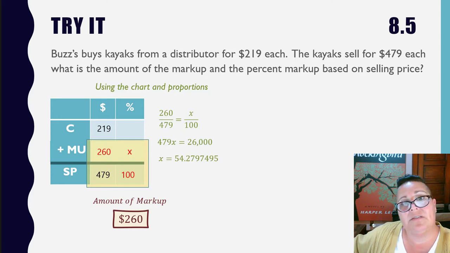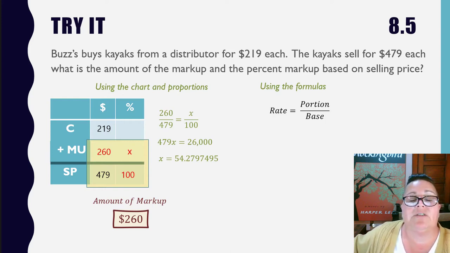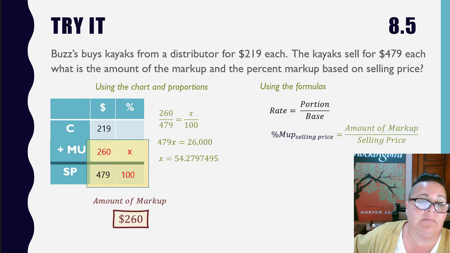Now, I can also do this using the formulas. And if I use the formula, what I'm looking for is a percent or a rate. So I can use the basic rate is equal to the portion over the base. However, my rate this time is the percent markup based on selling price.